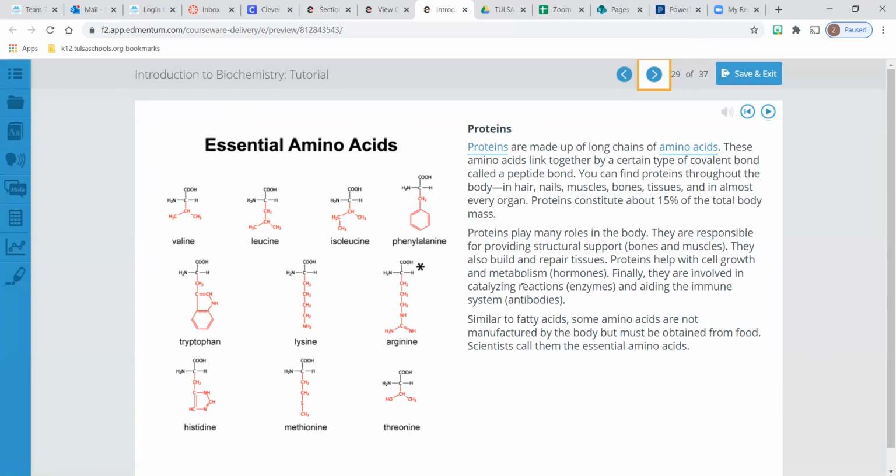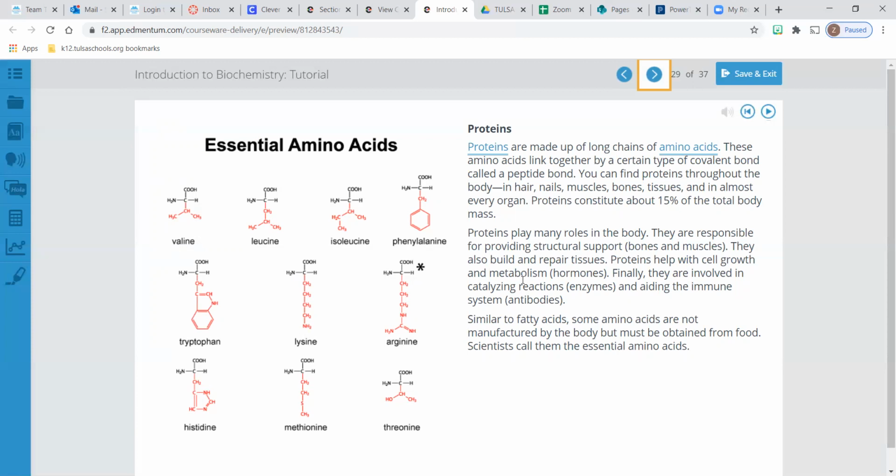Proteins are made up of long chains of amino acids. These amino acids link together by a certain type of covalent bond called a peptide bond. Peptide bonds for proteins. Think of P for protein, P for peptide bond.